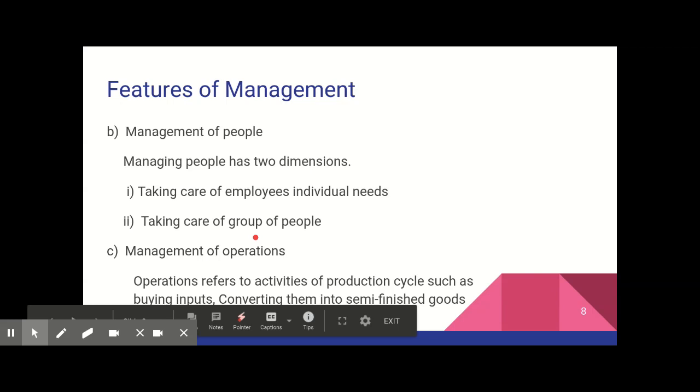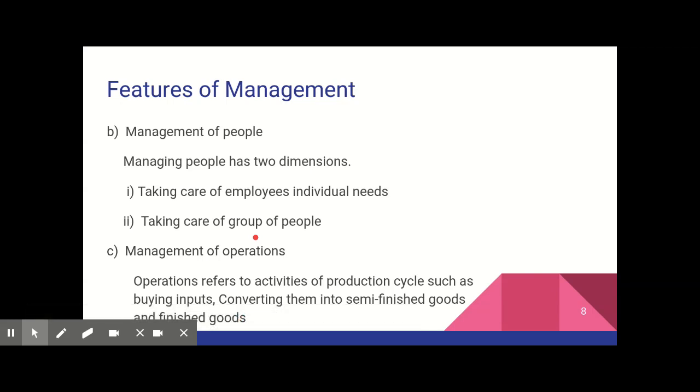Also, management is taking care of the organizational objectives, and individual interest should not supersede the organizational objective. So management of people is taking care of the human resource in an organization.